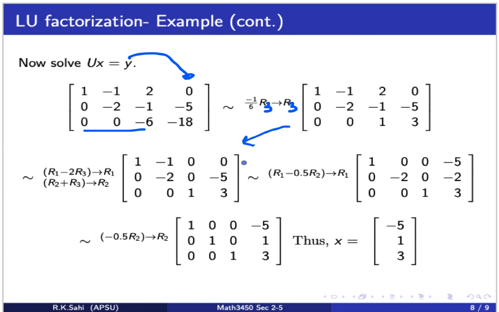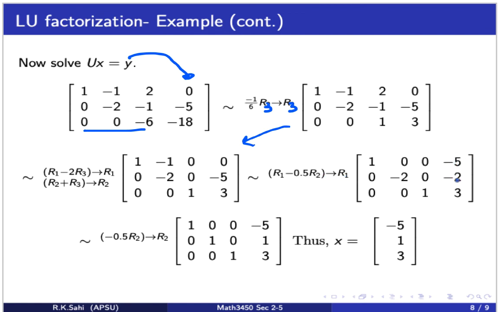After that, we are going to make the first two terms of the third column 0, by applying r1 minus 2 r3 goes to r1, and r2 plus r3 goes to r2, and we get this new equivalent matrix. Then we're going to make this term 0. We do r1 minus 0.5 r2 goes to r1.